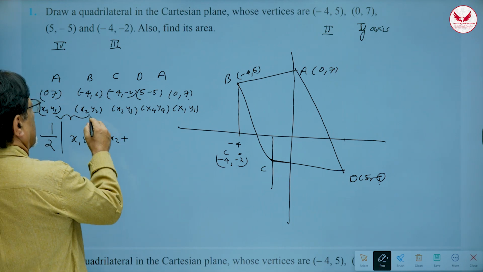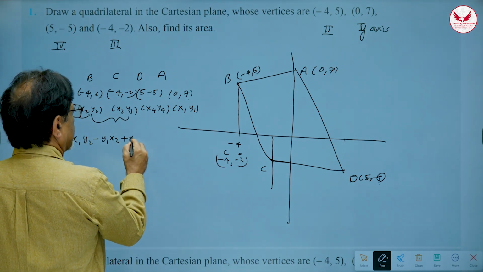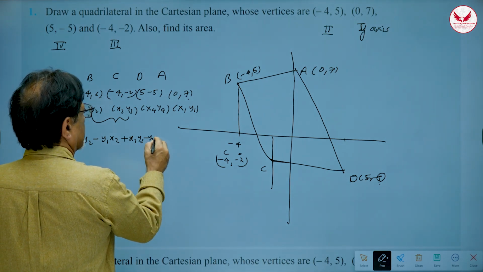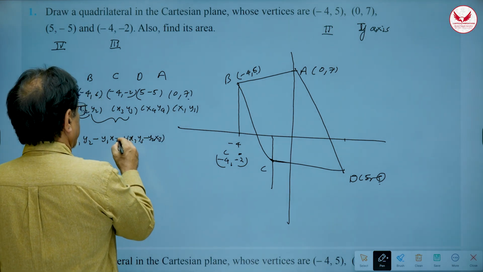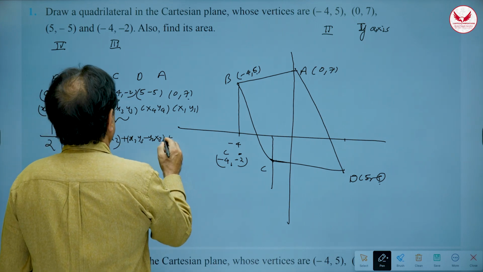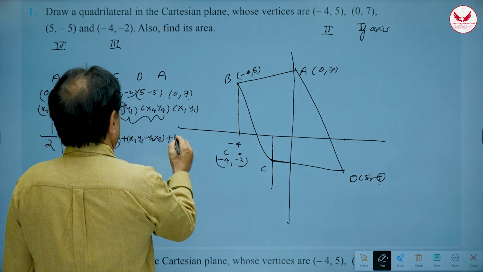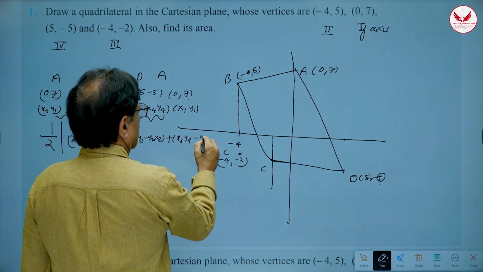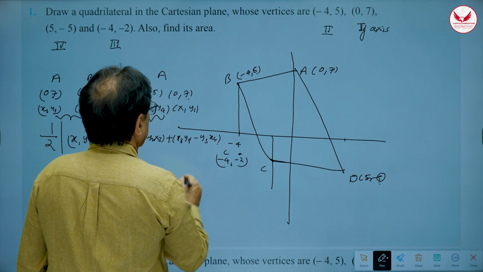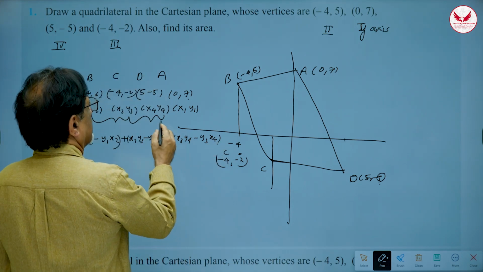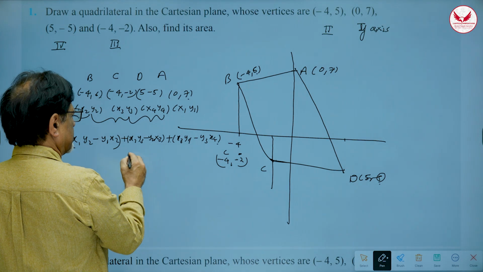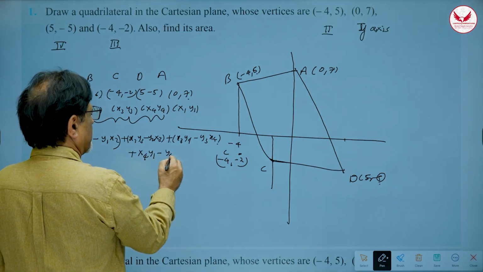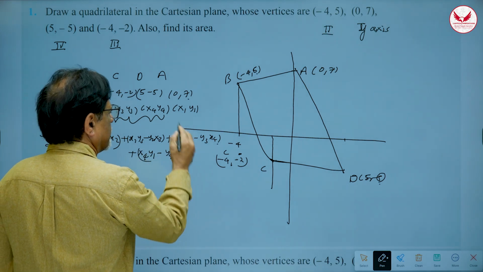Plus, now I'll take the next pair: x2 y3 minus y2 x3. Next, I will take this pair: x3 y4 minus y3 x4. And lastly, x4 y1 minus y4 x1. Now, mod of this.